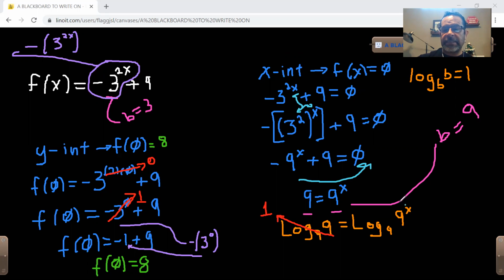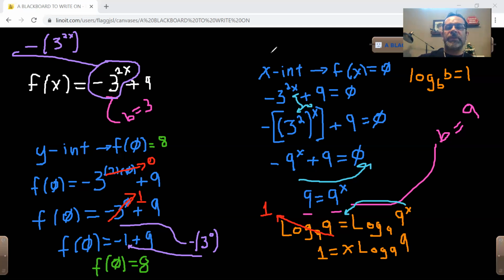exponents. The x can be brought over here, multiplied. So what we're going to have is this log 9 of 9 turns into 1. And this is going to be equal to having x logarithm base 9 also of 9.